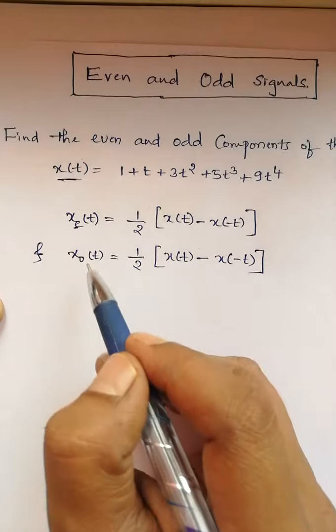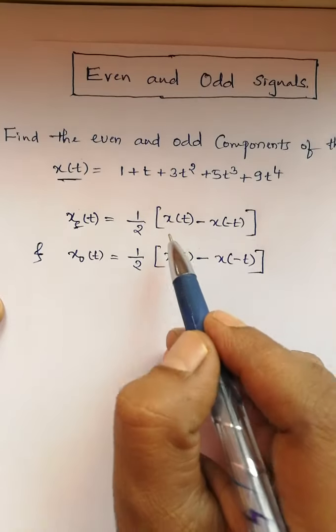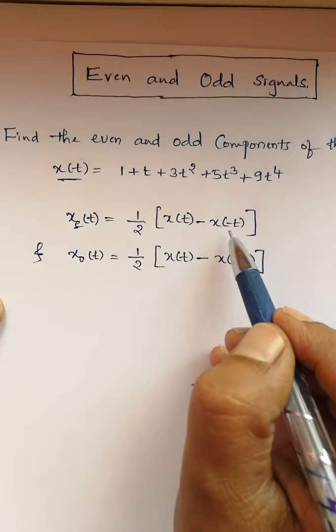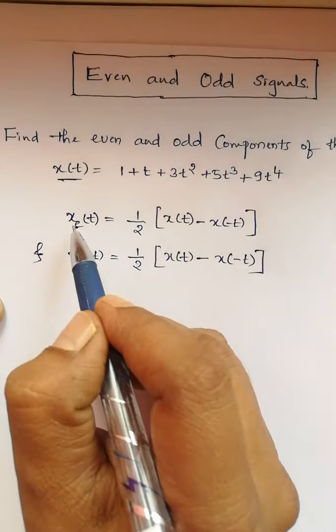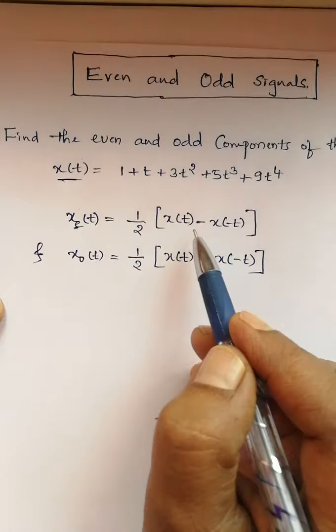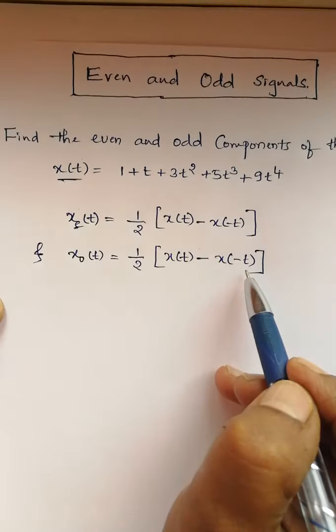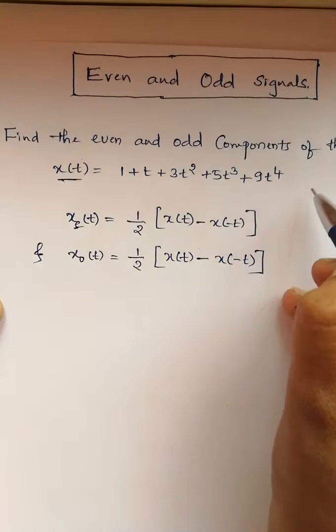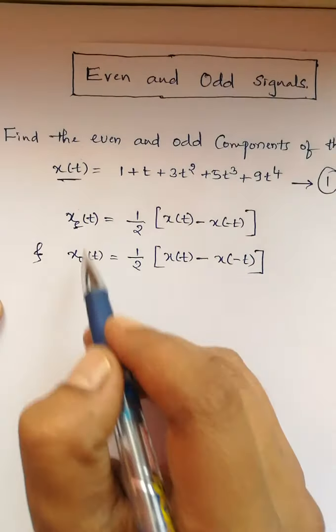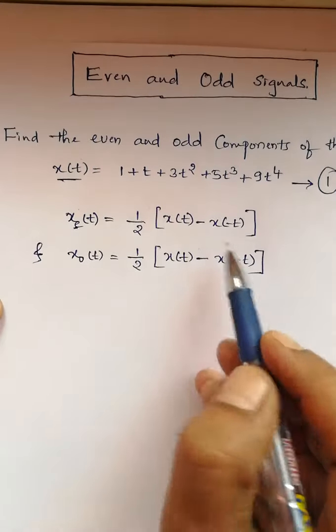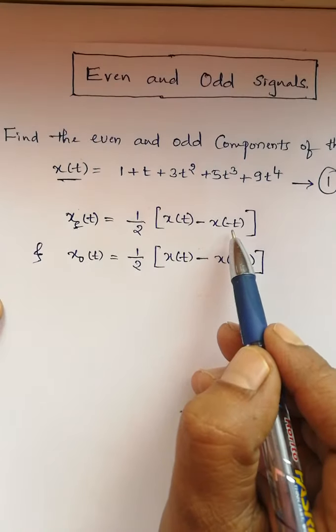By observing these two formulas, we can see that x of t is present in both equations, and x of minus t is also present. So x of t, I will write as equation number 1. Now as per these two equations, we have to get x of minus t.